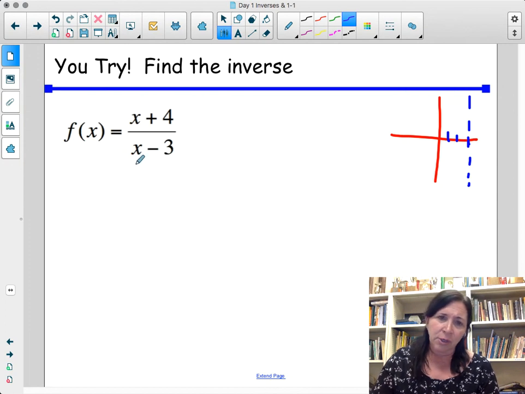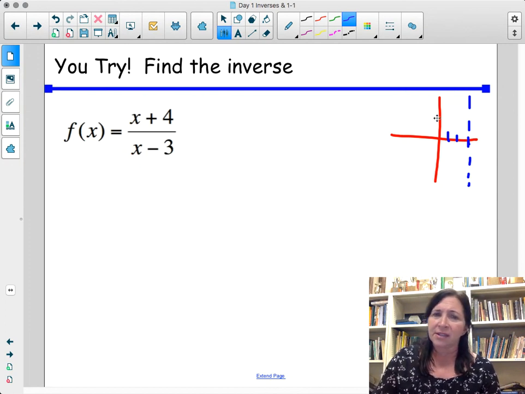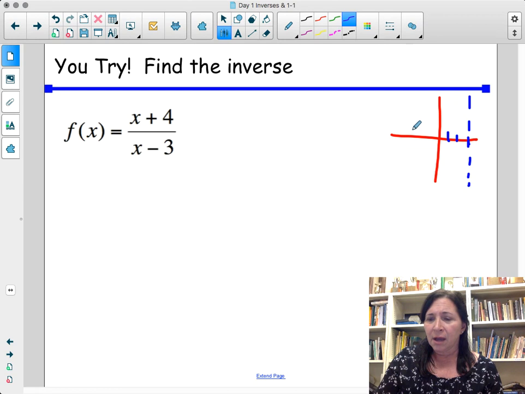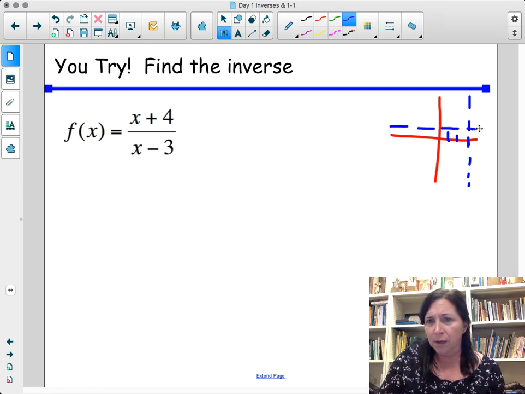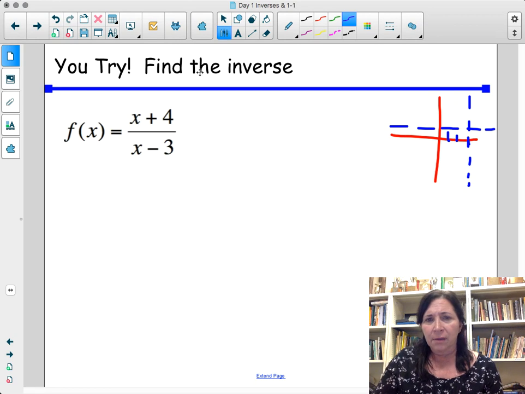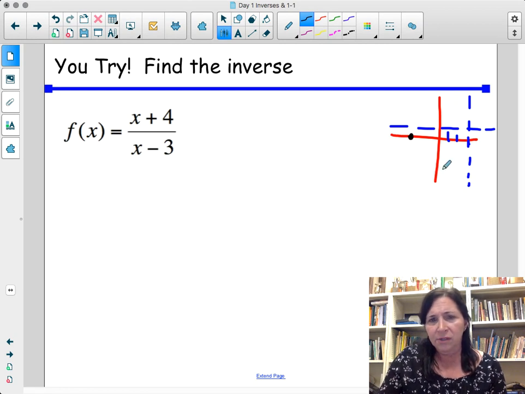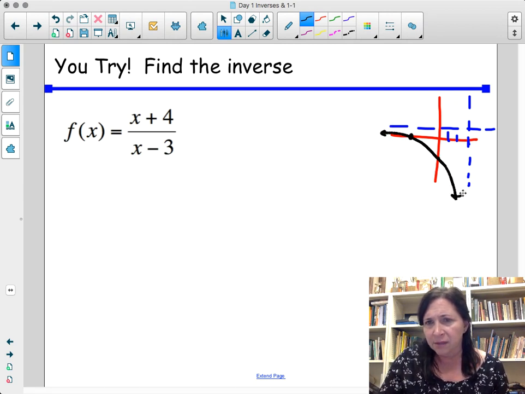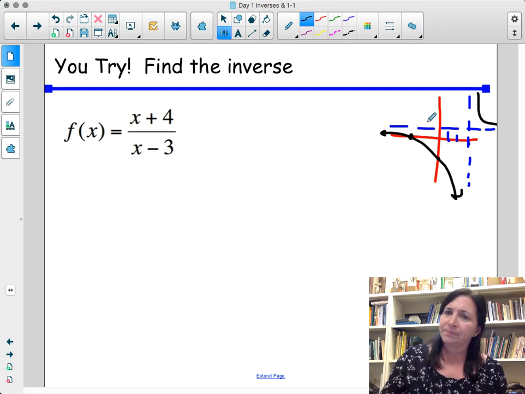And then also looking at x over x, that's going to give me my horizontal asymptote, which is at y equals 1. And then I have an x-intercept at -4, 0. And then I have a y-intercept at, set x equal to 0, -4 thirds. So it kind of looks like my graph does something like this, and then like this.